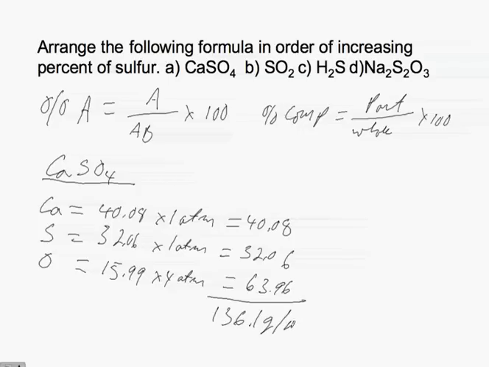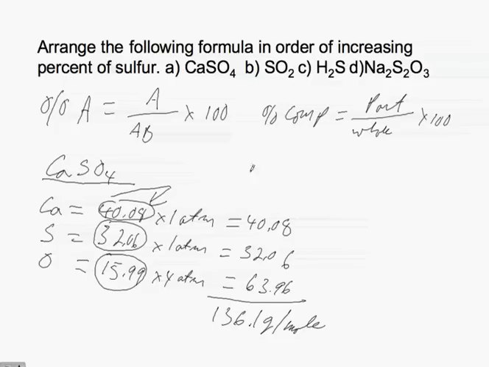I add all this up, I get 136.1 grams per mole. Now, if you're wondering where these numbers come from, this 40.08, this 32.06, and this 15.99, these are numbers that I look up on the periodic table. I get the atomic weights of the atoms from the periodic table. So I know for this particular substance that the entire thing is going to be equal to 136.1, and I now know what the percent sulfur is.